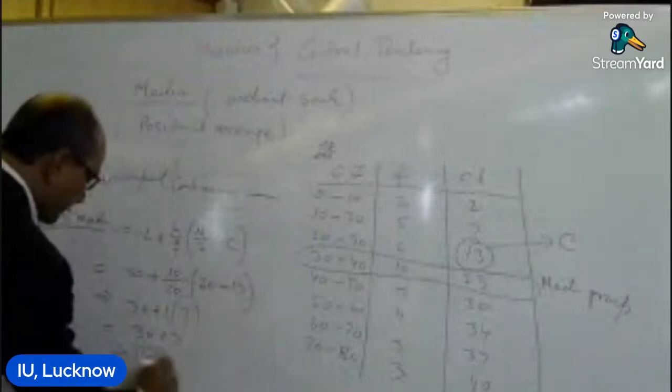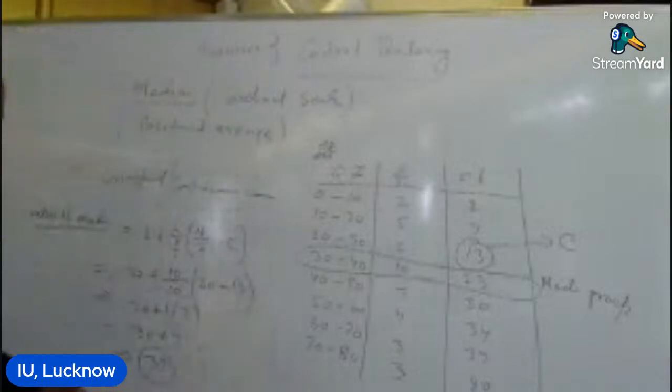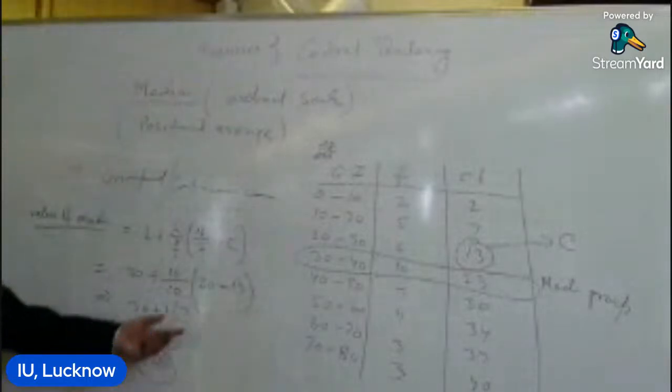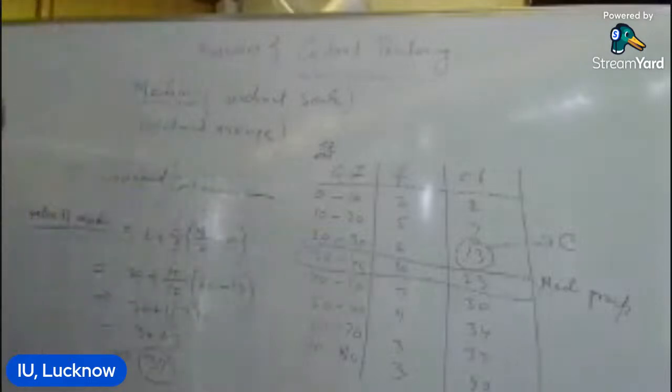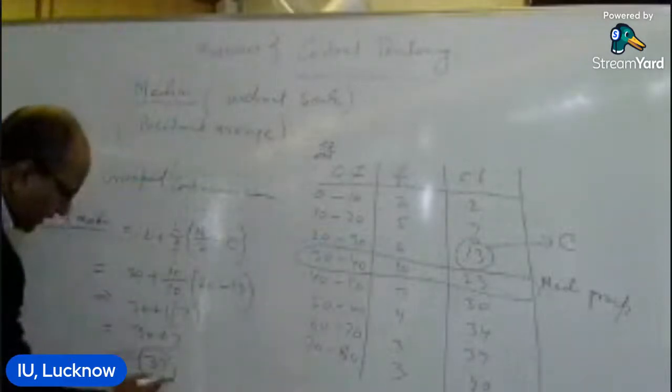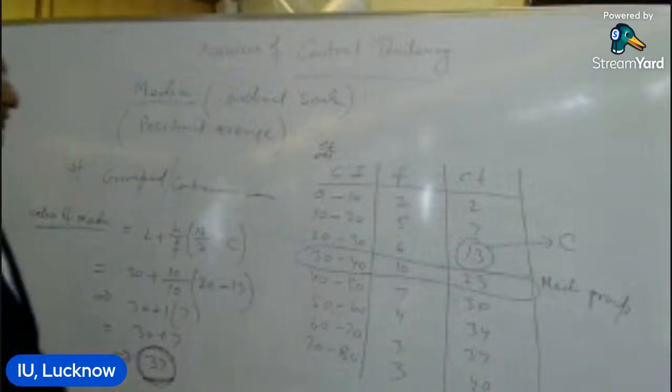The value of the median lies between 30 to 40. So the value is 37. So the median of this class frequency distribution is 37.